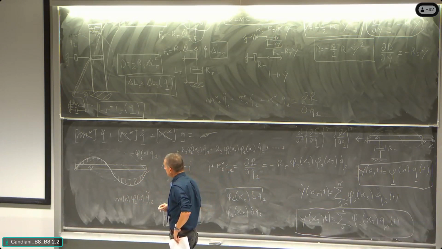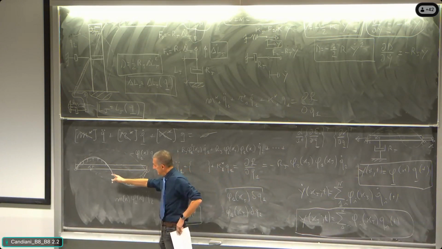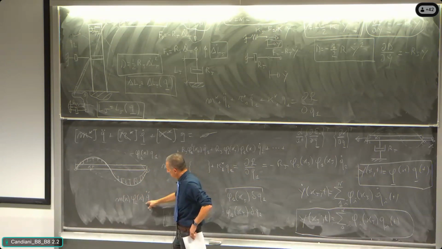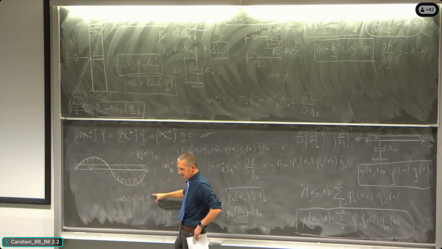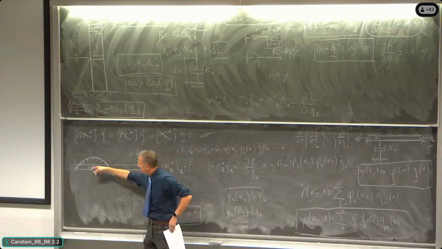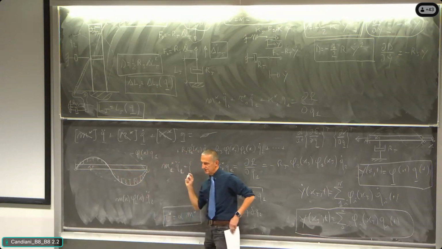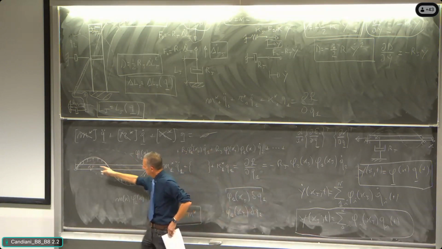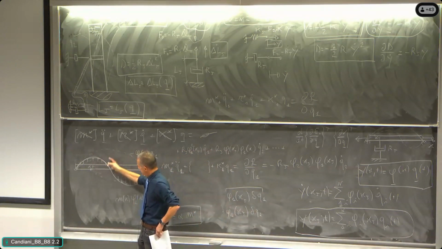So I have excitation of the modes. I have excitation of the second mode. The second mode is running. It has acceleration. I have a distribution of accelerated forces along the structure that are going like that. This is the second mode. Those are the accelerated forces.